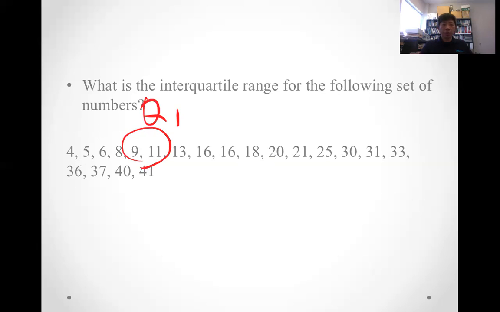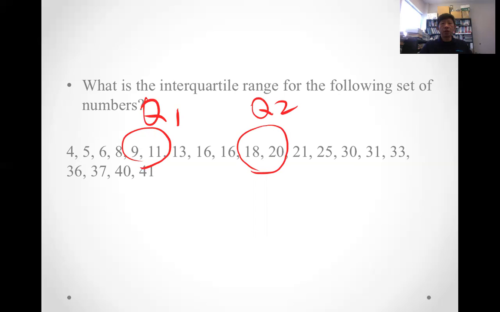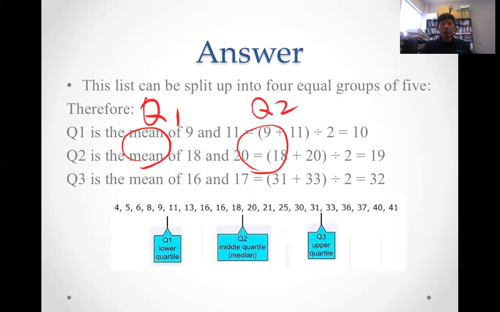Okay, go back to here. Q2 is right here. And then we find Q3. Q3 actually is 31 plus 33.